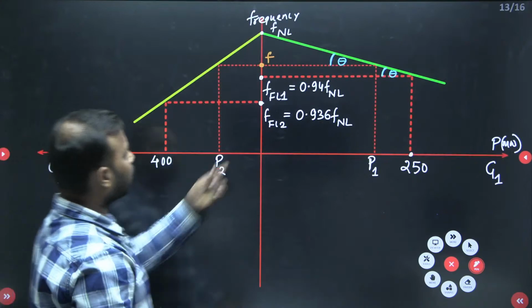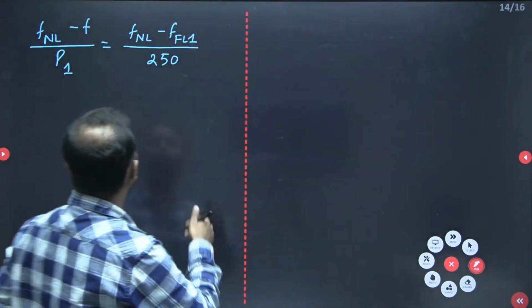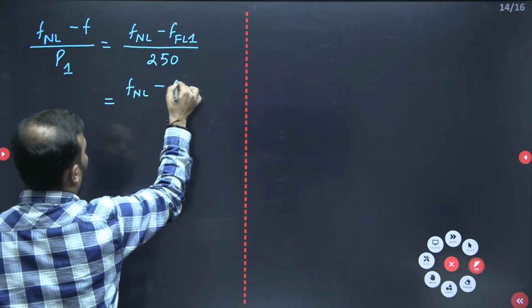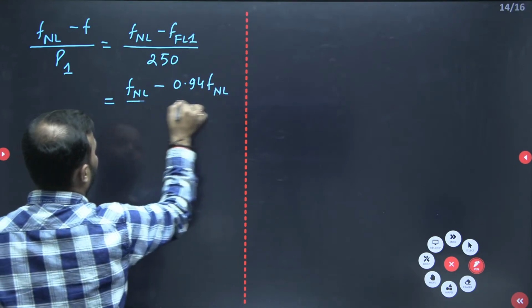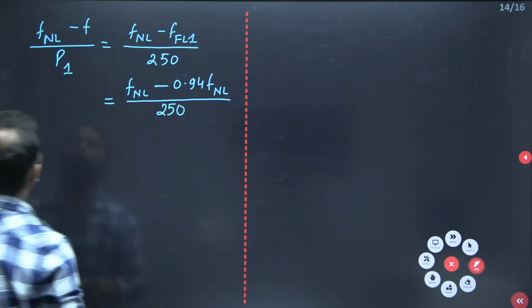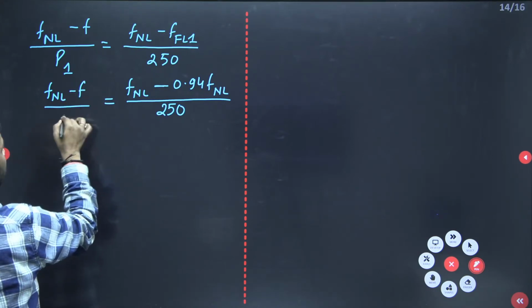Done. But F full load is given as 0.94 F_NL. So let me write (F_NL minus 0.94 F_NL) whole divided by 250. So this is (F_NL minus F) divided by P1.